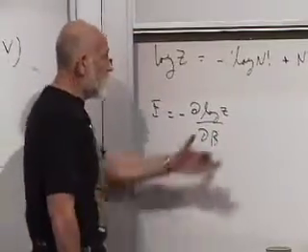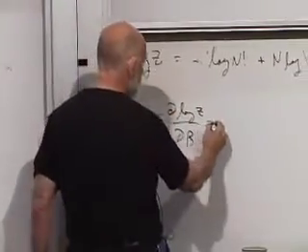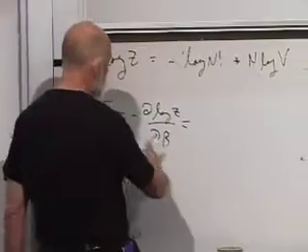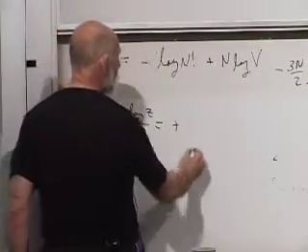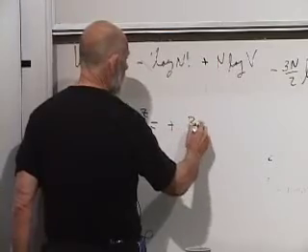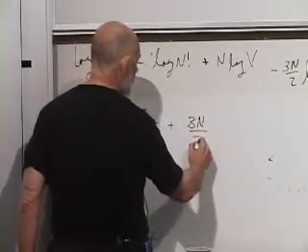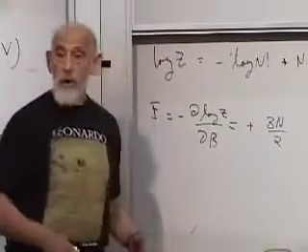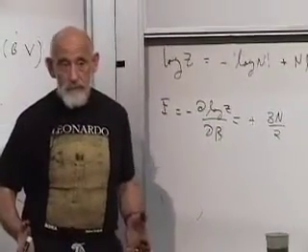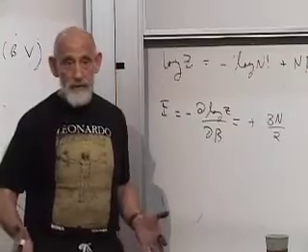Well, it's all laid out for us. That's equal to plus 3n over 2, since the minuses cancel, and the derivative of log beta with respect to beta is just 1 over beta. What's 1 over beta? Temperature.